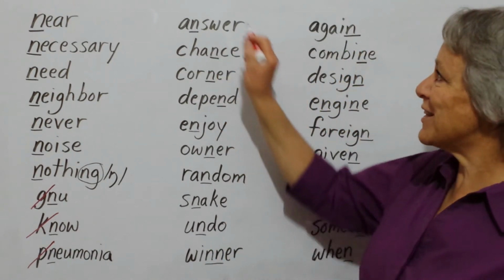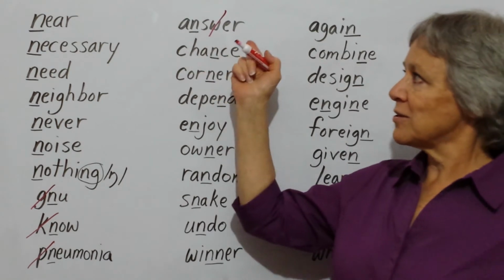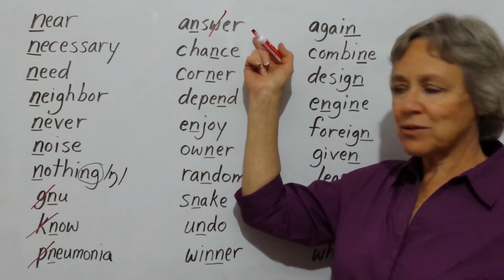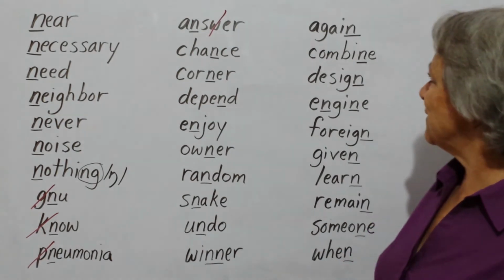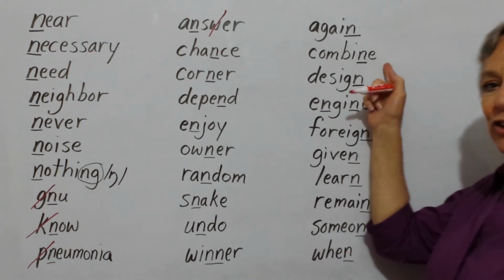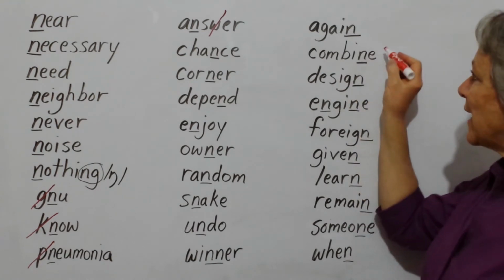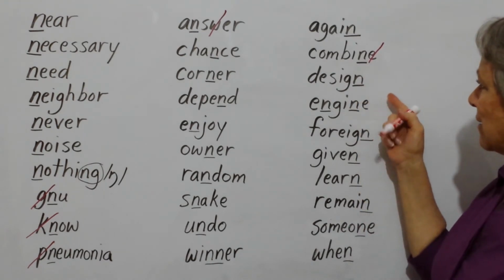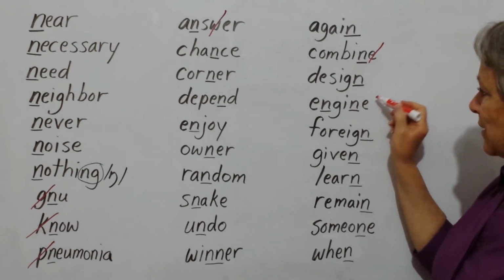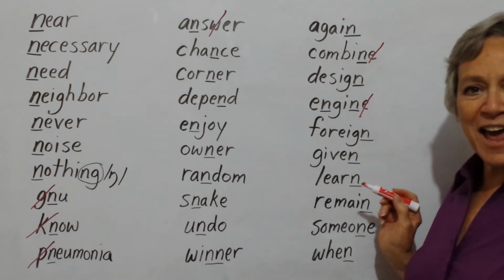Here, we do not pronounce the letter W, so this is answer. And here, we do not pronounce the ending E, so this is combine. We do not, well, and we don't pronounce the E in engine.